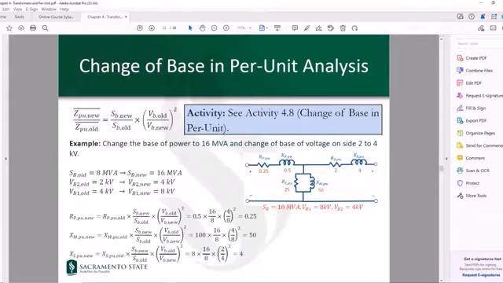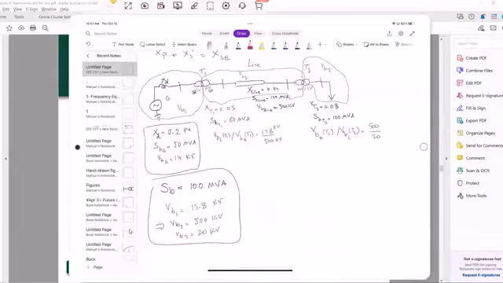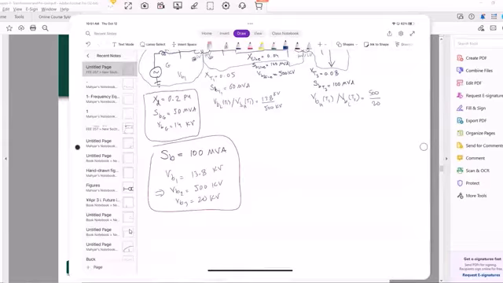So here is the rule for changing the base. If you have a new base system versus an old base system, then the impedance in the new base system changes like this.